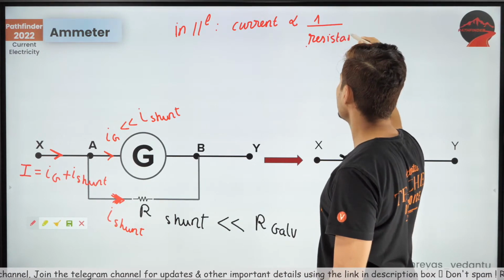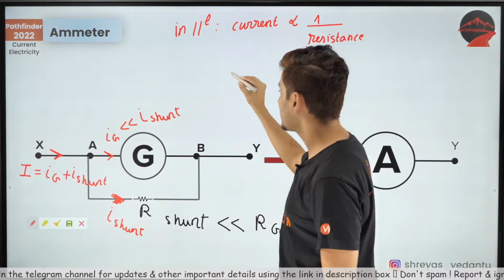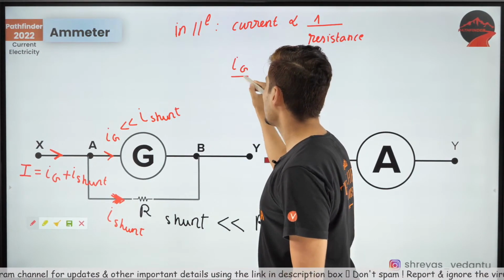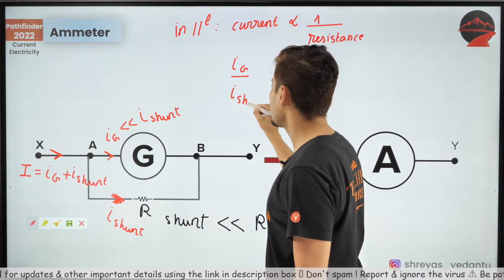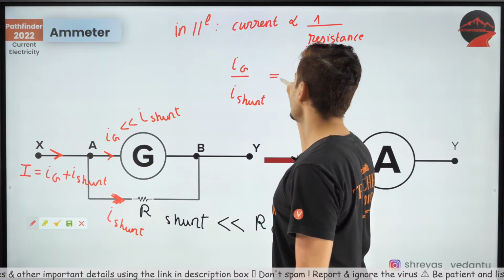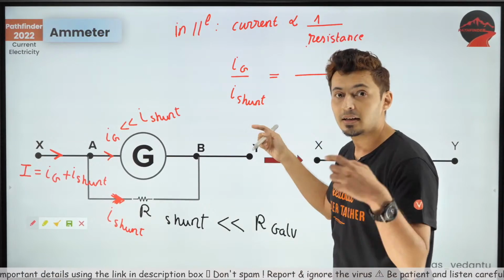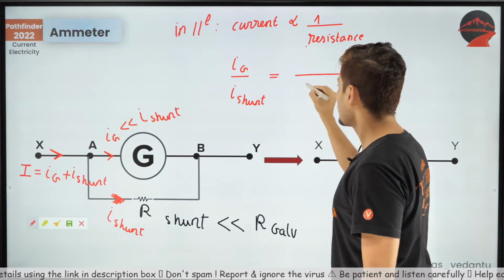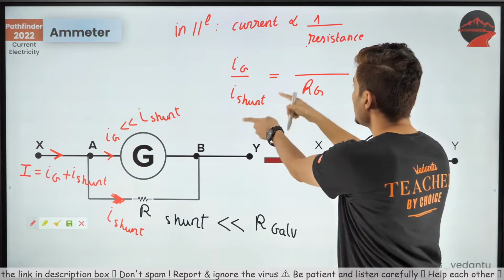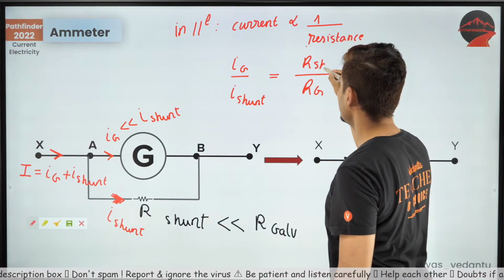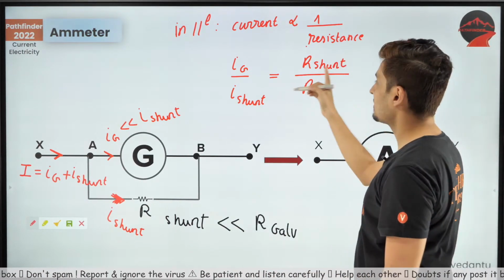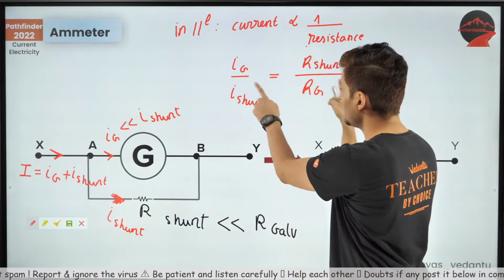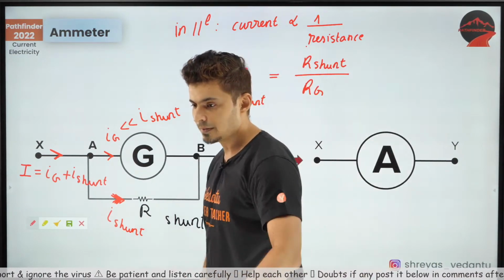We have already seen this fact. That means the current through the galvanometer upon the current through the shunt will be inversely related to the respective resistances. So RG will be here, and the R of the shunt would be over here. Keep this in mind. So they are inversely related. I hope this is clear.